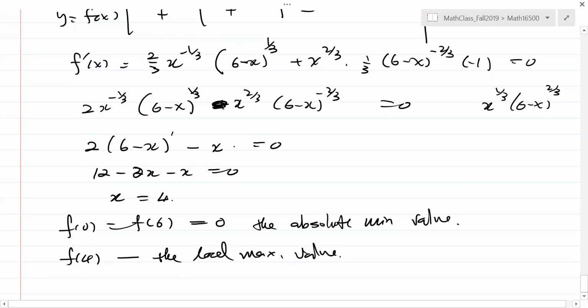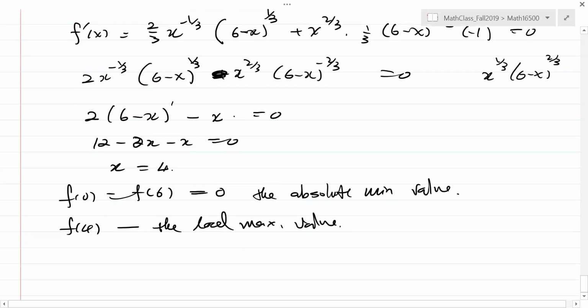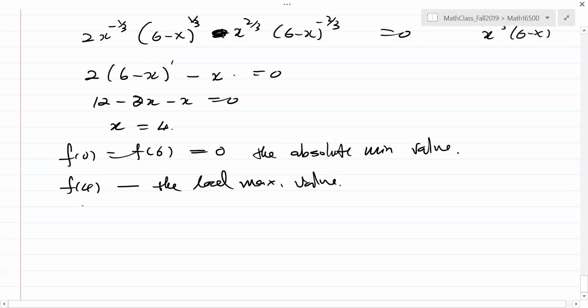From the graph I can also tell, let me check what f of 4 is. f of 4 is 4 to the 2/3 times 6 minus 4 to the 1/3.